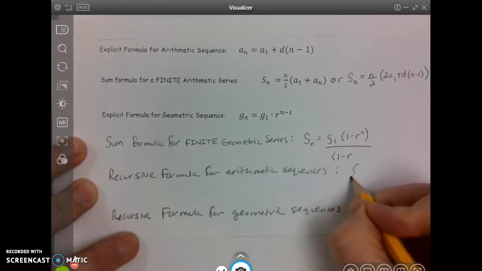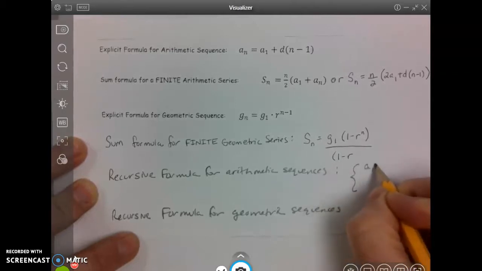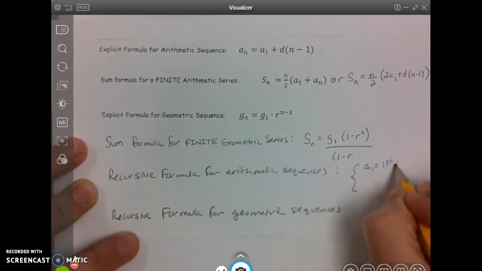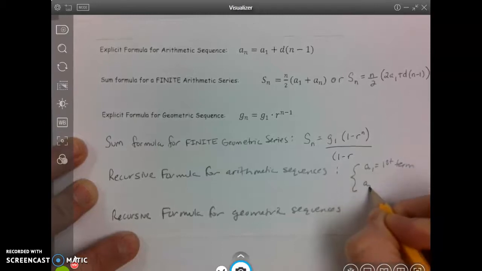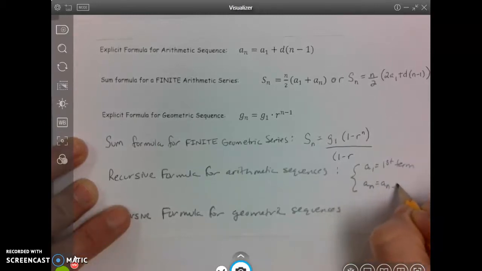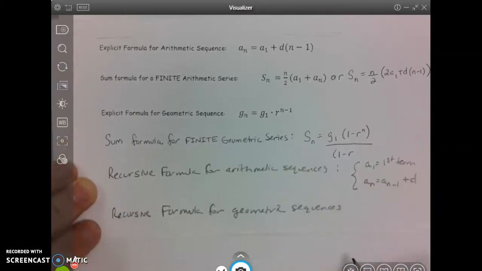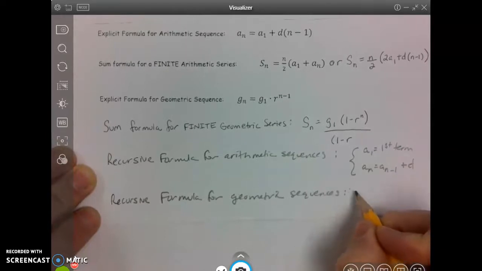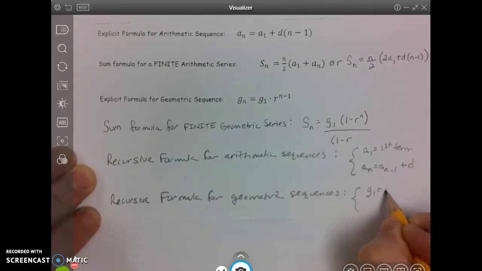So these are the formulas that have two parts. A sub 1 is the first term, and then a sub n is the previous term plus the constant difference. For geometric, we tend to use a different letter, G for geometric, but we still have the first term.